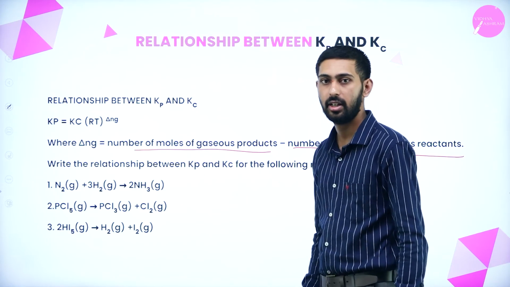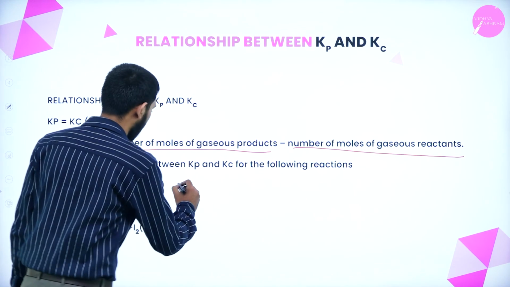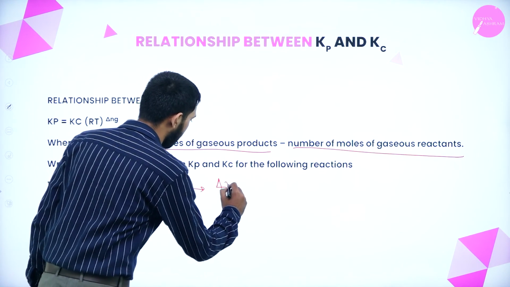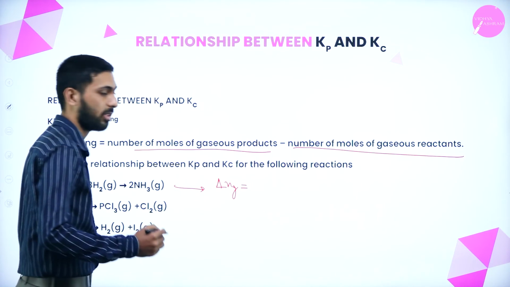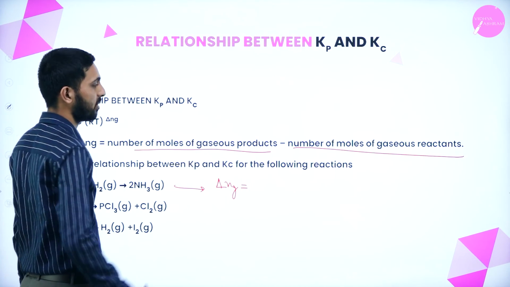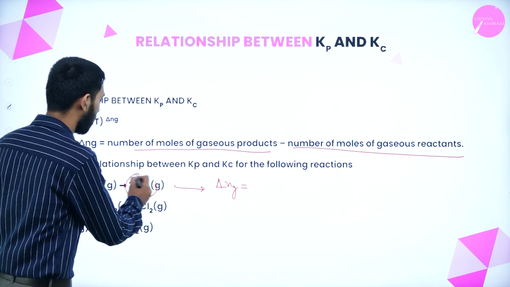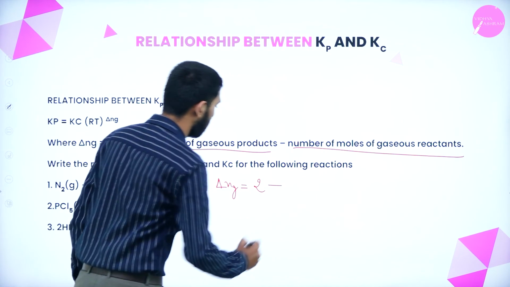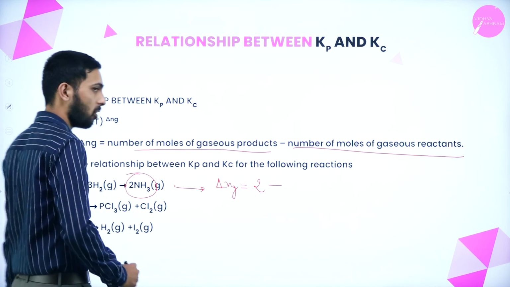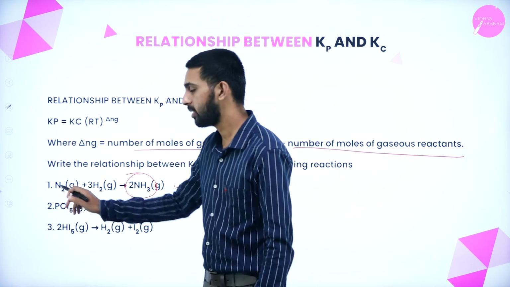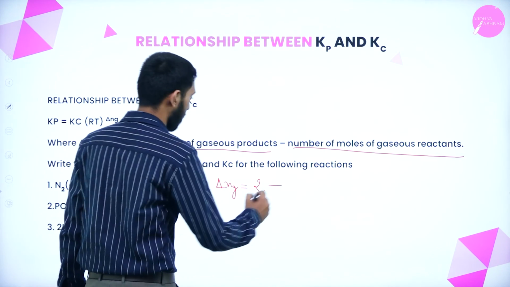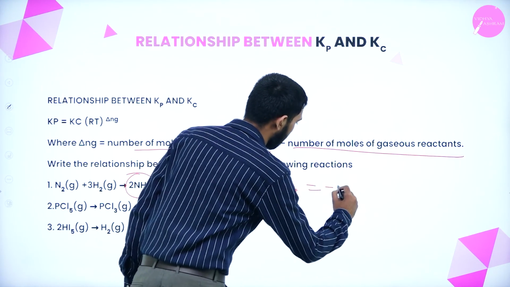Let us calculate for ammonia. How many moles of products do we have? 2. Minus reactants: how many moles of reactants? 3 plus 1, so it is 4. 2 minus 4 is minus 2.